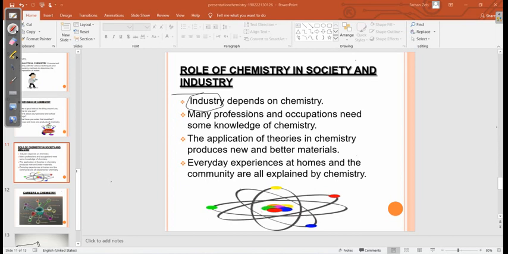Professions and occupations need some knowledge of chemistry. The application of theories in chemistry produces new and better materials. That's why, if we have to make new medicines, which is very important nowadays in our daily lives, then we have to take the knowledge of chemistry. Our everyday experiences at home and in the community are all explained by chemistry.